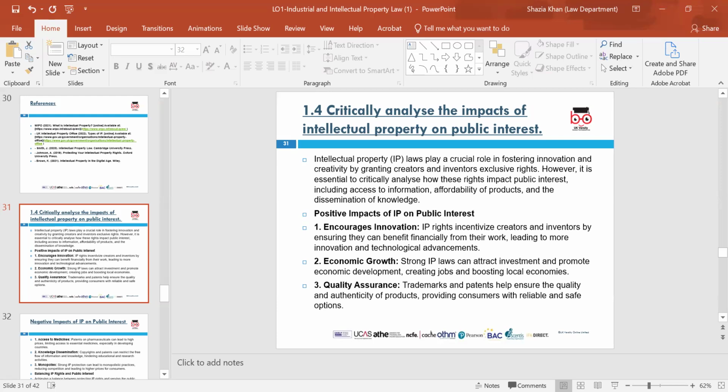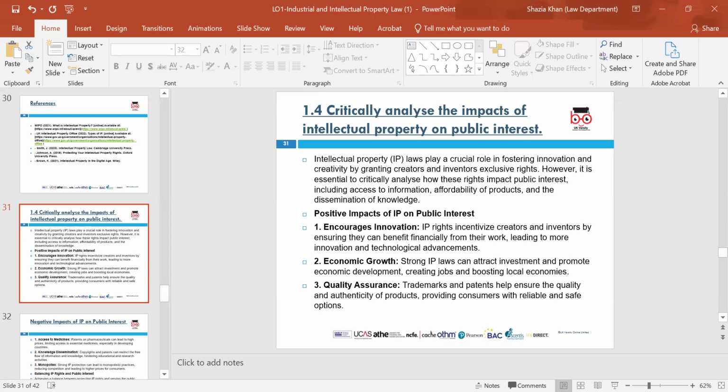So positive impacts of intellectual property on public interest. Firstly, to encourage innovation. Intellectual property rights incentivize creators and inventors by ensuring they can benefit financially from their work, leading to more innovation and technological advancements. Number two, economic growth.